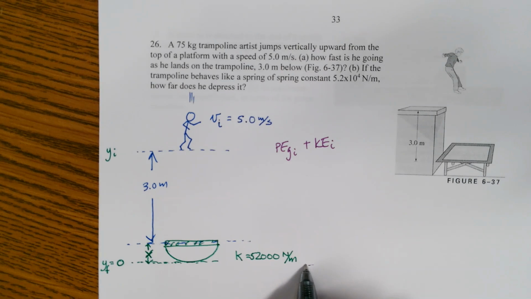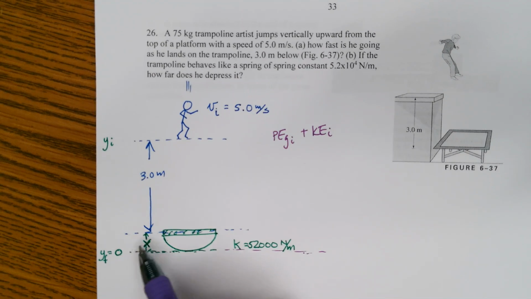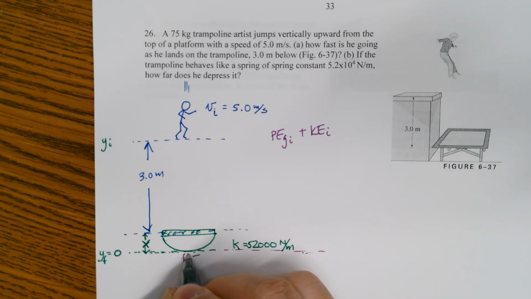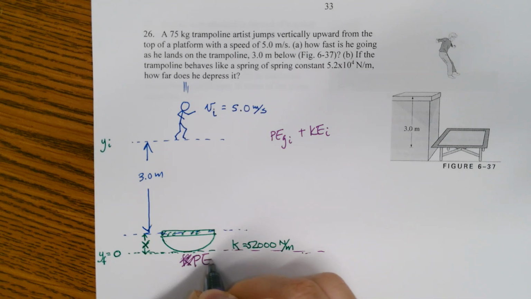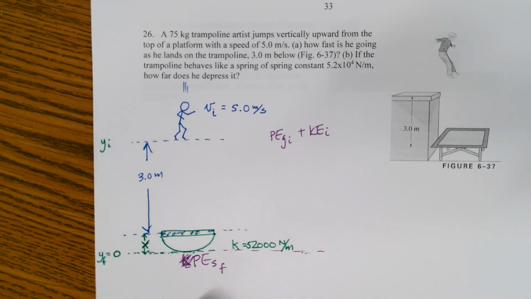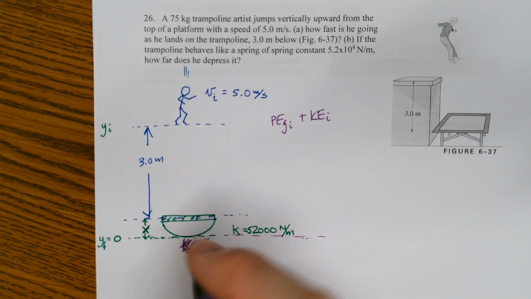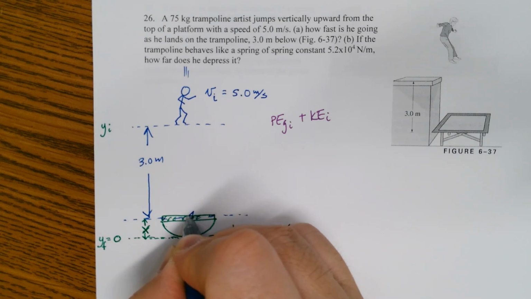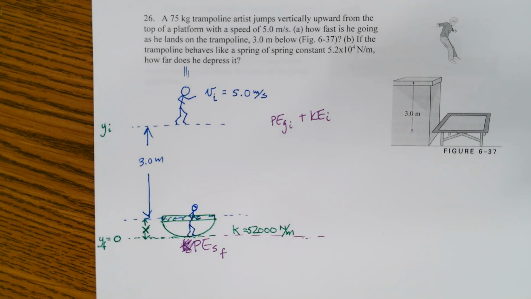When the spring is completely stretched out, I have no kinetic energy and no gravitational potential energy because my height is 0. I only have spring potential energy final after the spring is stretched out. So I guess you could draw out the trampoline artist here.